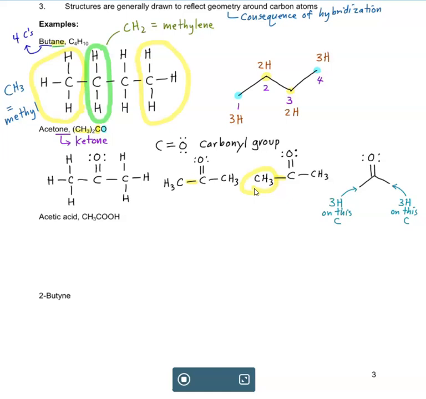Let's try another one. This one is called acetic acid, and you've probably run across acetic acid more than once and in more than one context. Okay, so first of all, acetic acid is what's called a carboxylic acid. And all carboxylic acids have the same grouping of elements that's found in the formula, the part of the formula that I just highlighted.